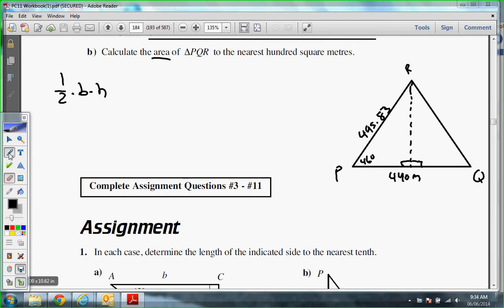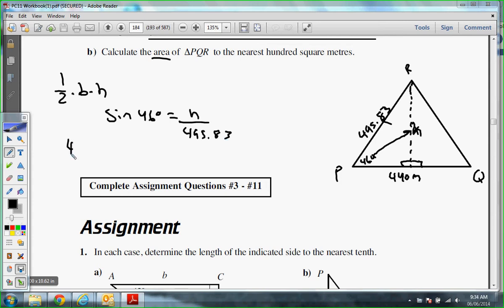All right, so, but back to what I was saying, what are we doing? We're doing sine, right? All that stuff. We have a right triangle now. So we do that stuff from the very beginning of the lesson. Right, I have the opposite I want. That's my x or my h. We'll call it h for height. Okay, and I have my hypotenuse. So I have sine of 46 equals h over 495.83.